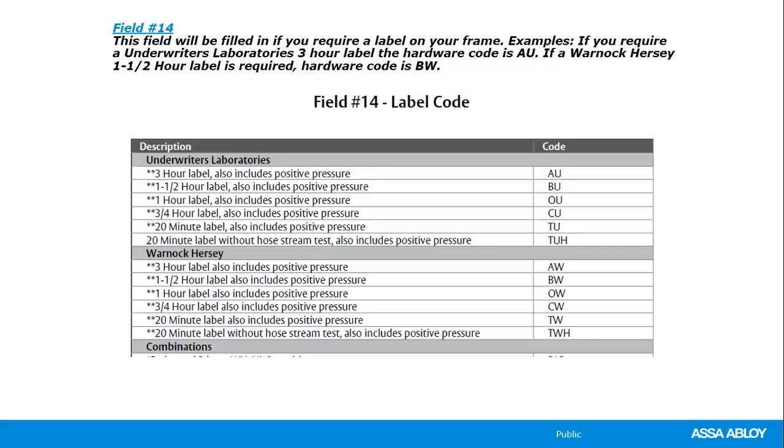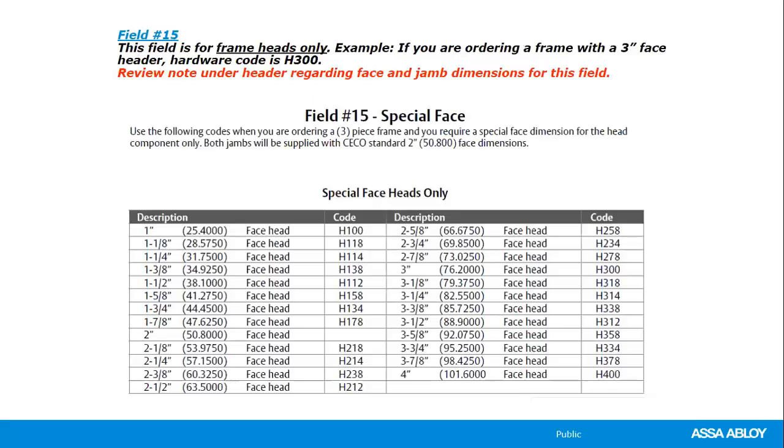It is not a fire rated label. It just basically says that the material is made as if it could be labeled, but because of restrictions, whether that's height, jamb depth, width, or whatever, we cannot put a fire rated label on it because we have not tested it. So that is sometimes found in your specification.